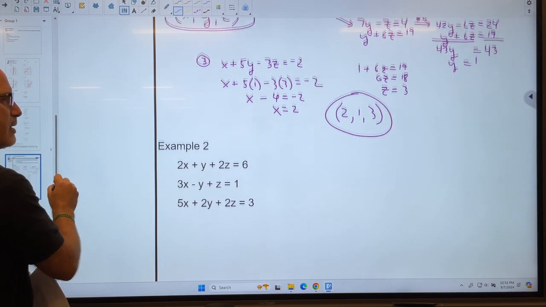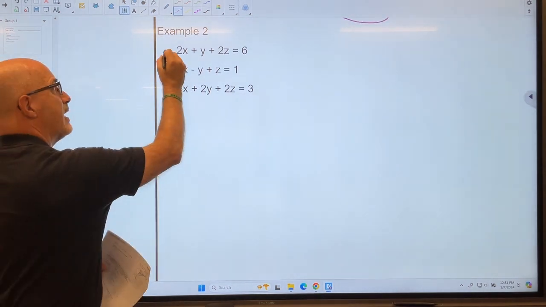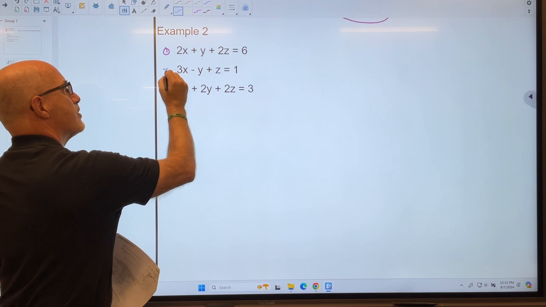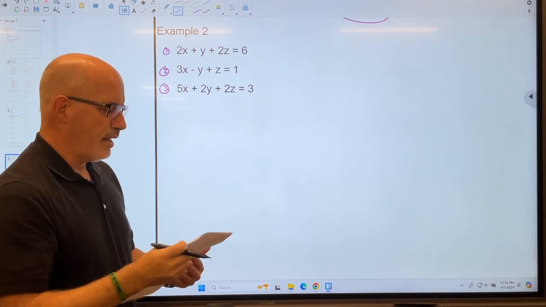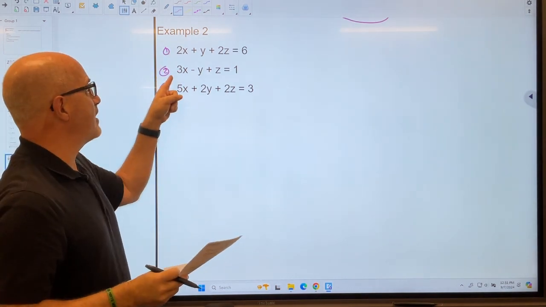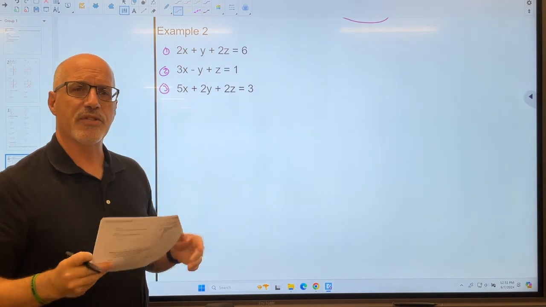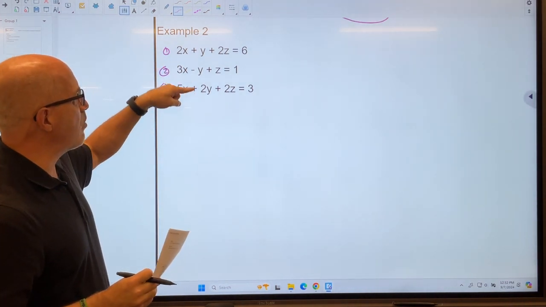All right, let's go ahead and do example 2 here. I'm going to number my equations. This is 1, 2, and 3. Now to eliminate these, again, you could get rid of the x's, get these to be opposites. Probably a little difficult to do, but you could do it. You can easily get rid of the y's.